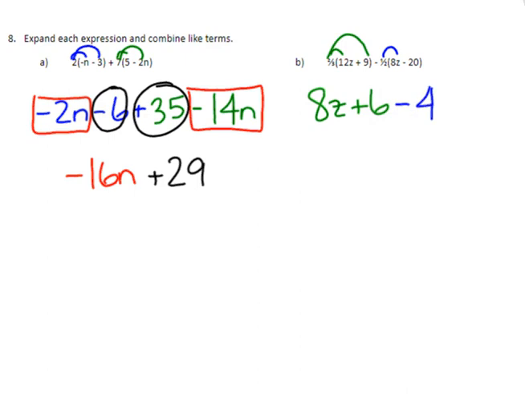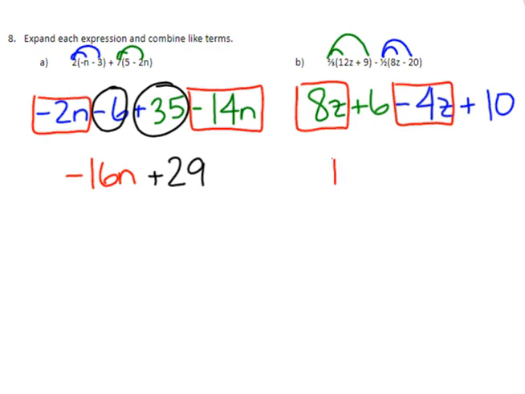Half of 8z is 4z. And then negative times negative is positive. Half of 20 is 10. All right, 8z plus negative 4z is 4z. And positive 6 plus positive 10 is positive 16.